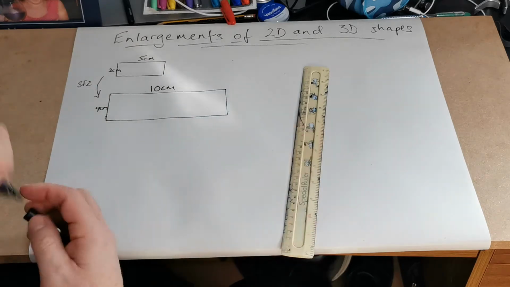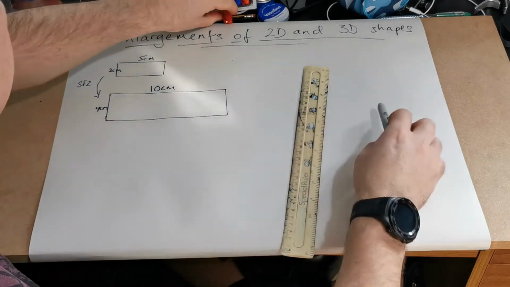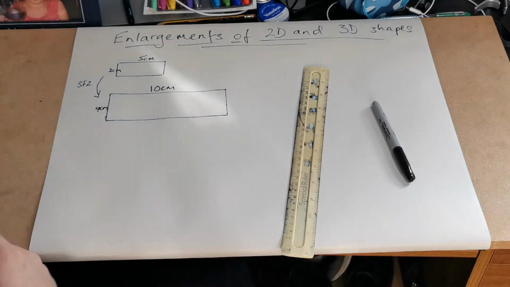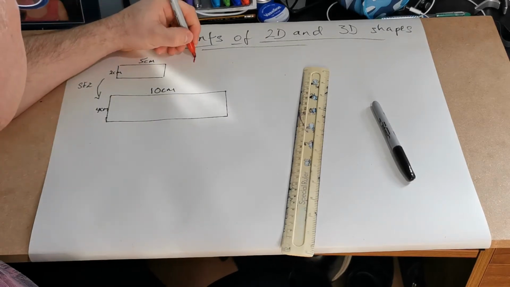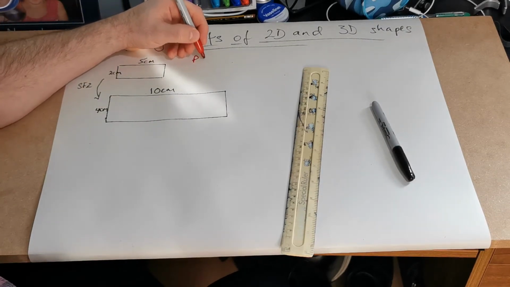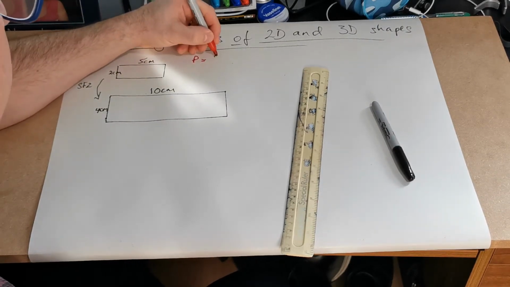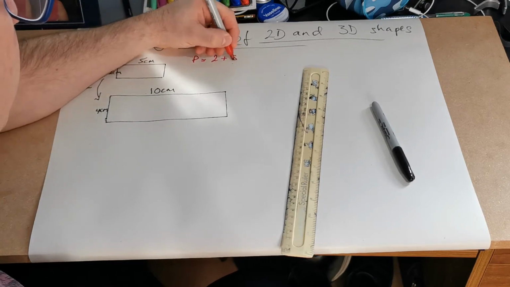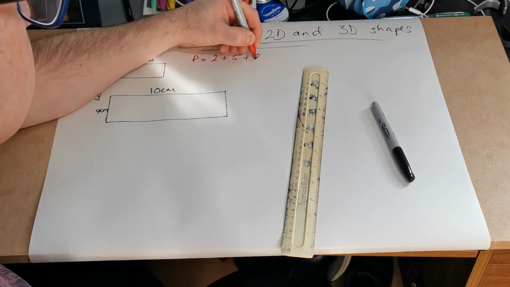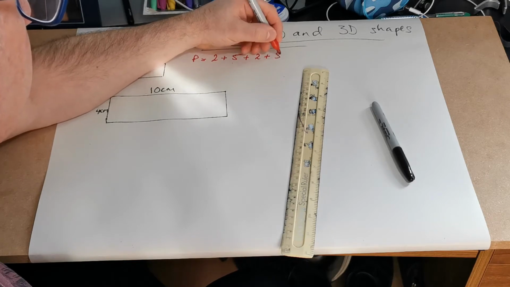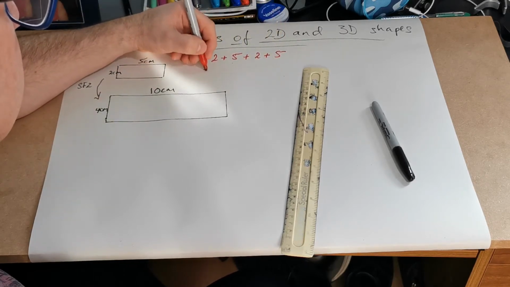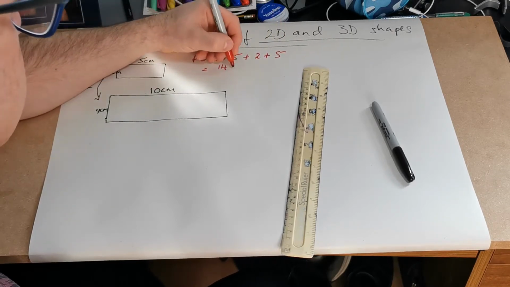Now what I'm interested in is thinking about what happens to the perimeter for a start. So for the perimeter with this one, I would have 2 plus 5 plus 2 plus 5, so that would come to 14 centimetres.